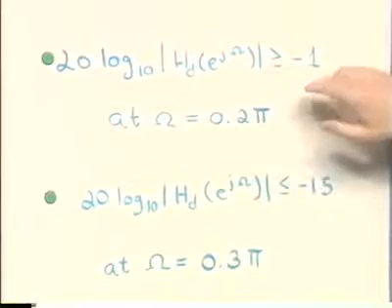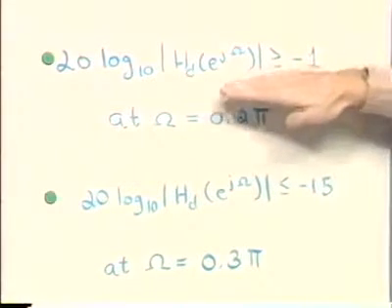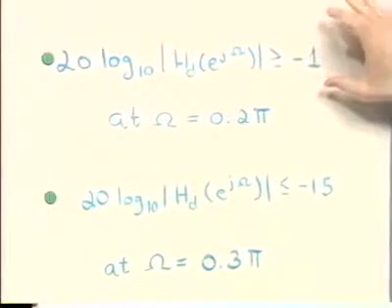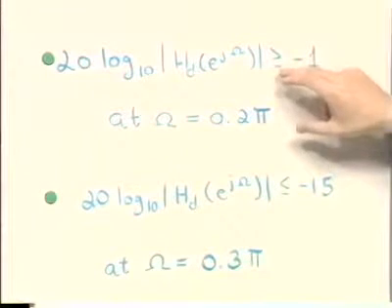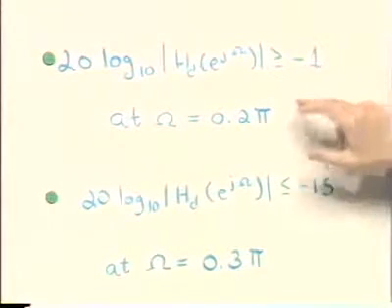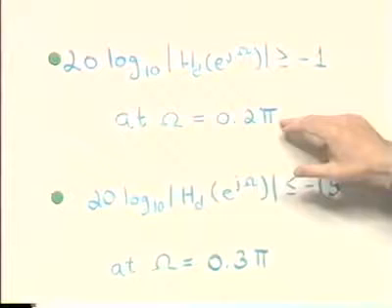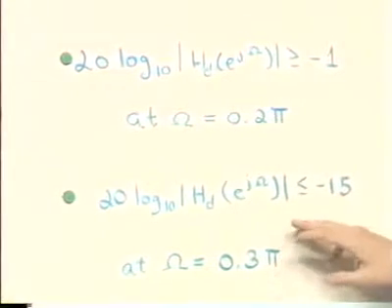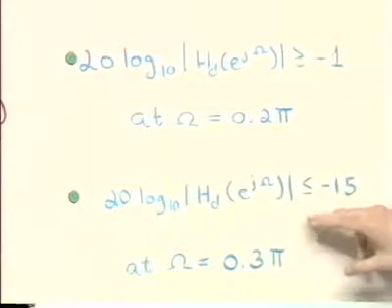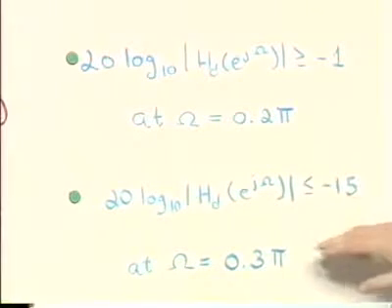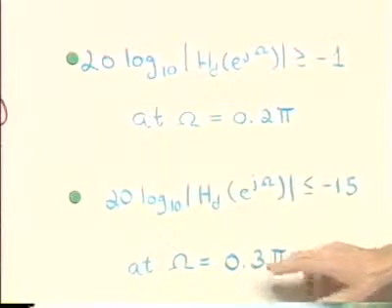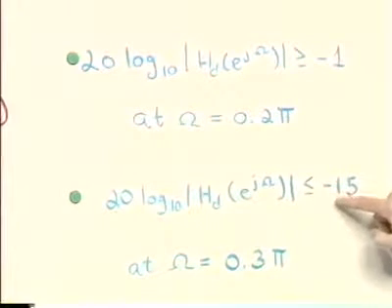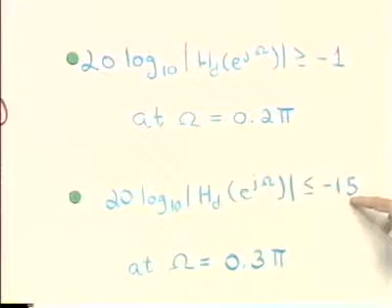That means that we want the discrete time frequency response magnitude to be greater than or equal to -1 dB at 2/10 pi, corresponding to the 1 kilohertz in continuous time. And for the beginning of the stop band, that would occur at 0.3 pi, at which point we want this to be less than or equal to -15.